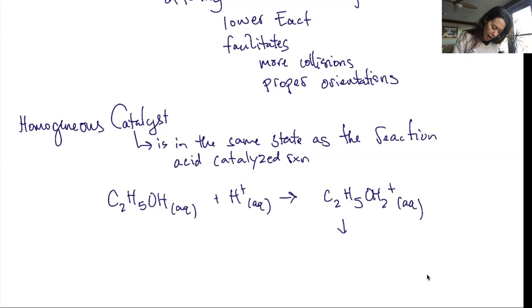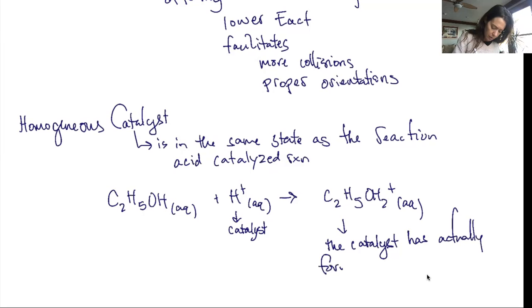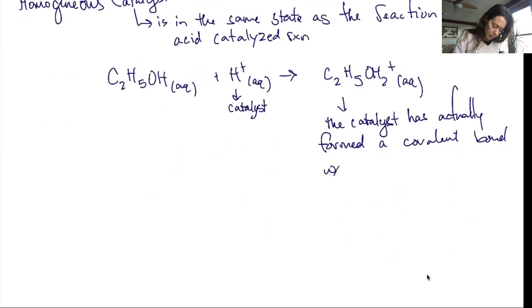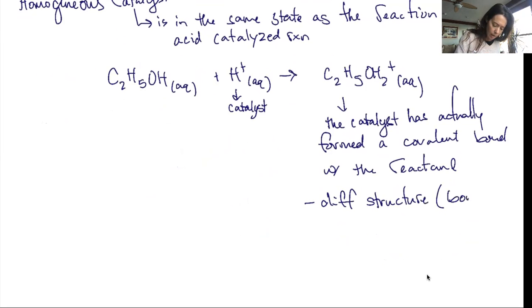Notice here that this is your catalyst, and the catalyst has actually formed a covalent bond with one of the substances, with the reactant. And that gives us a different bonding structure, and that gives us a different potential energy.